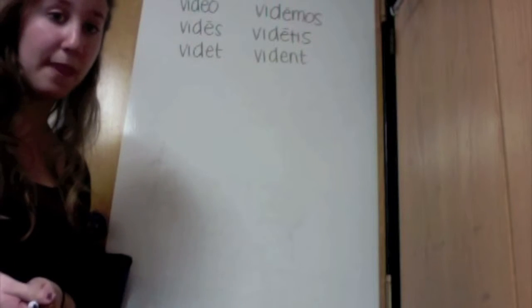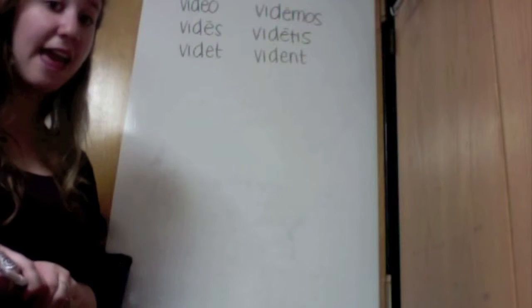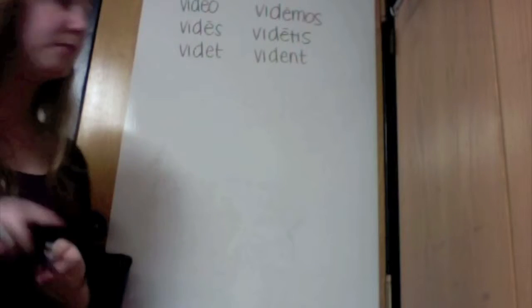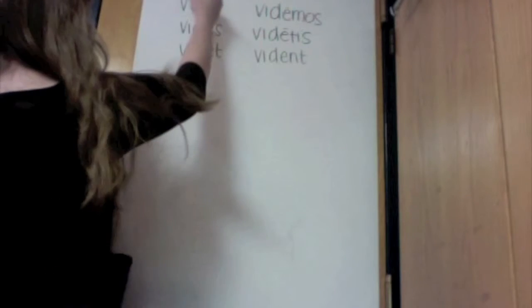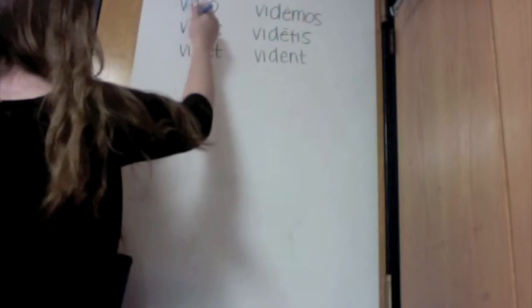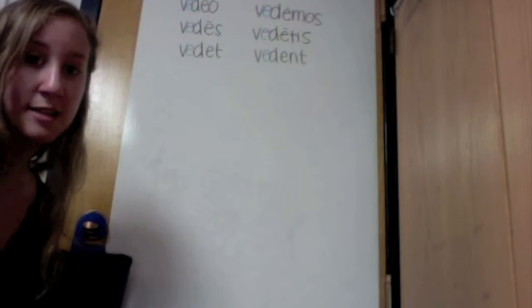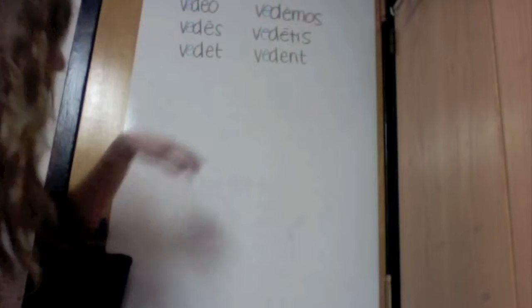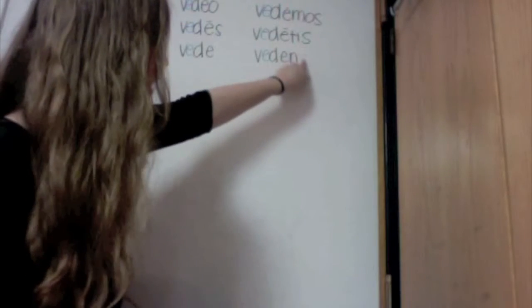As we know, an I sound in Latin changes to an E sound in Spanish. So we're going to take away all of the I's and change them to E's. The next thing we're going to do, like I said, is that all of the T's dropped off the ends of the words in Latin. So we're just going to take away that T and that T.